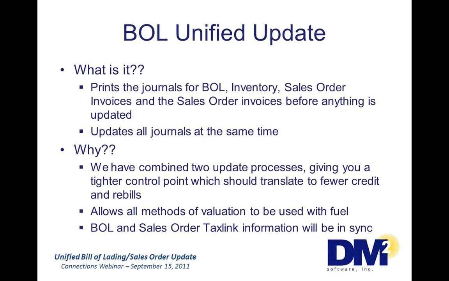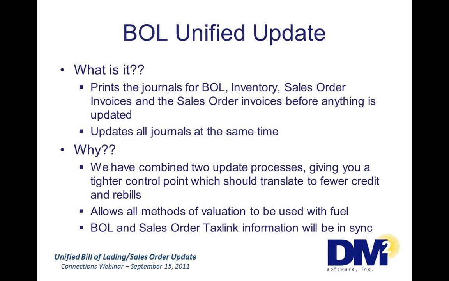In addition, this one is my favorite because I'm writing tax reports all the time. There will no longer be any situations where bill of lading and sales order invoices report something different. The tax link work file information is going to be in sync.